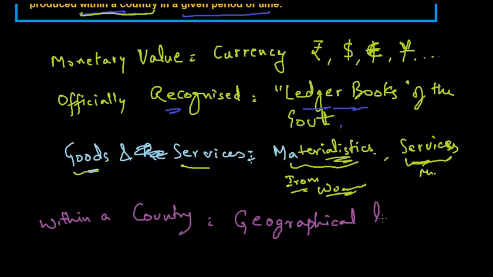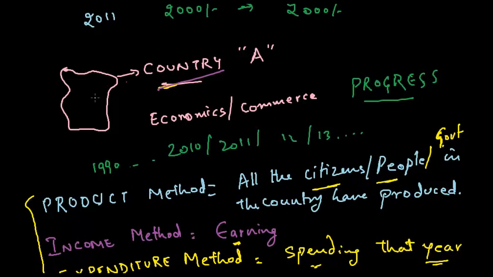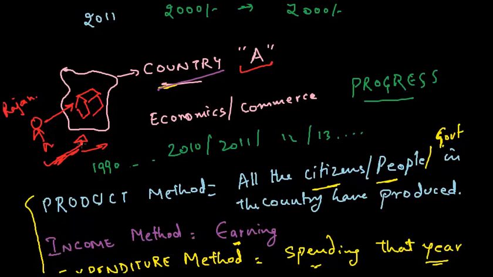Let's see this particular example. In this country A, let's say there was a person named Rajan. Rajan was a leather manufacturer or a shoe manufacturer, producing shoes in country A. Till he was producing inside country A, this will be counted in the GDP of country A. But let's say he earns very well, or due to certain circumstances he moves to another country, country B, and opens a shoe factory there.